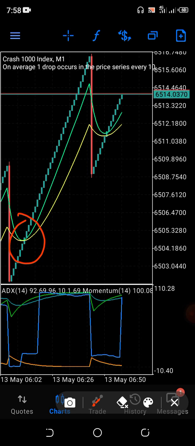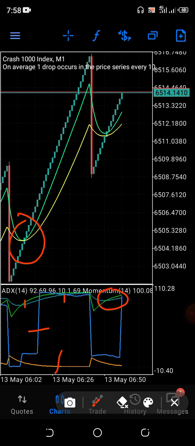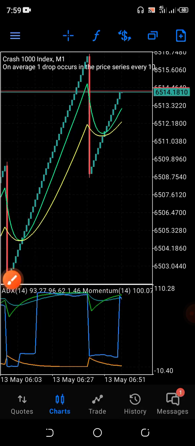And now we have the momentum, this is the momentum, which is that blue one. Then we'll have this and the 2 lines, which is this one as the average directional movement index. Now, how do you combine those things and stay close to it and understand how you can make profit from it? Please listen.